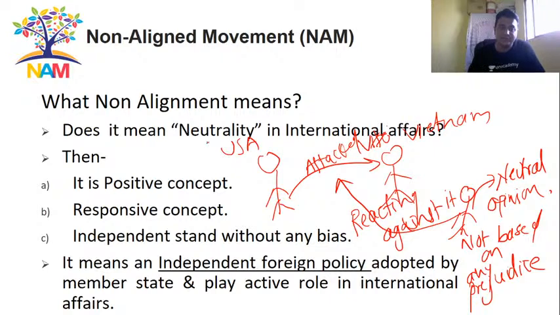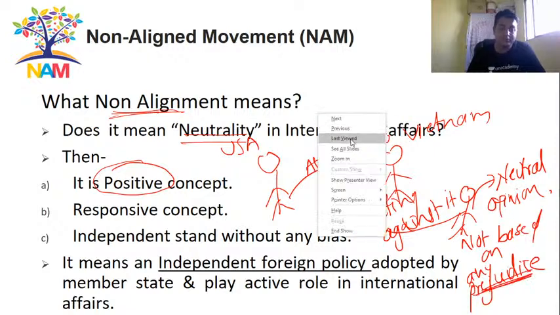When the word non-alignment is mentioned, it is based on neutrality, and this neutrality is based on a positive concept, not a negative concept. The first example I discussed with you is based on a negative concept, but this example is based on a positive concept, and that is free from prejudice. Okay.